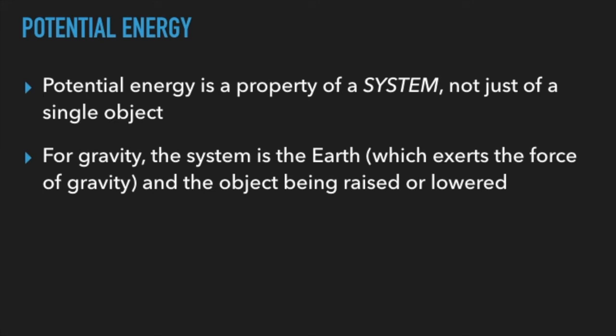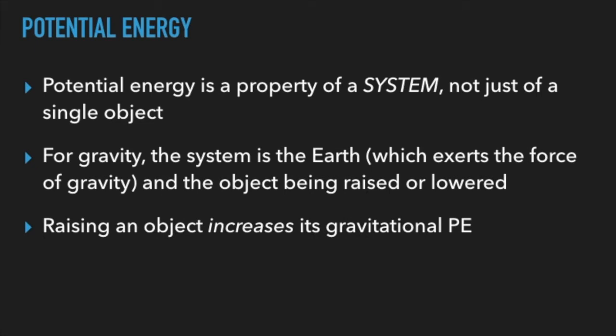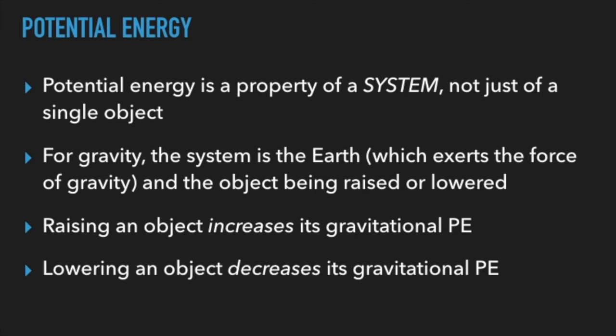So for gravity, our system is the Earth, which exerts the force of gravity, and the object being raised or lowered. Or, in principle, it could be raised or lowered by a height of 0, in which case it's not changing. As you raise the object, you increase its gravitational potential energy, and as you lower it, you decrease its gravitational potential energy.